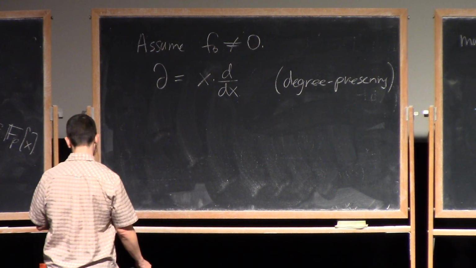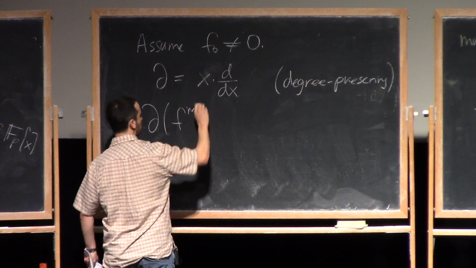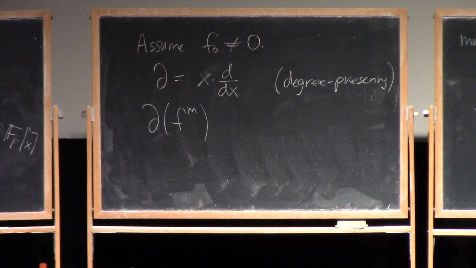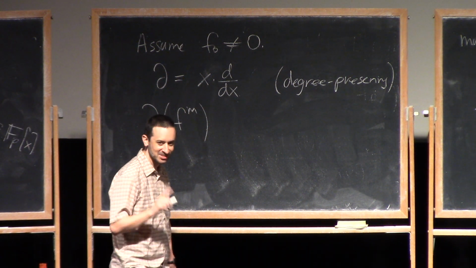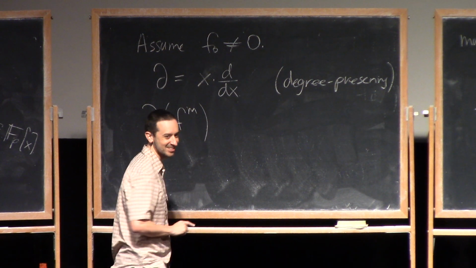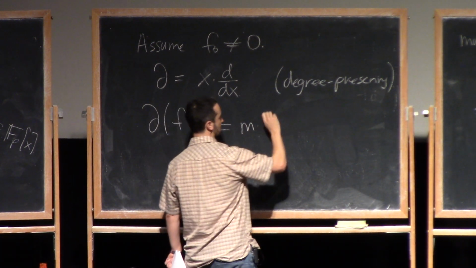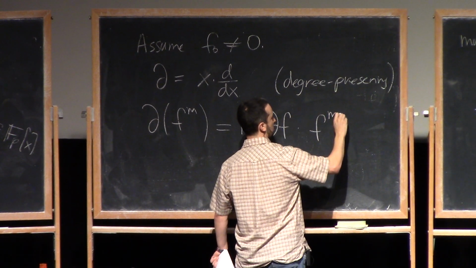And I am going to apply it to f to the m, right, which is h. And I'm going to do a little bit of first year calculus, freshman calculus. That's the phrase, isn't it? Freshman calculus. I knew I'd come up with it. M times del f times f to the m minus 1.